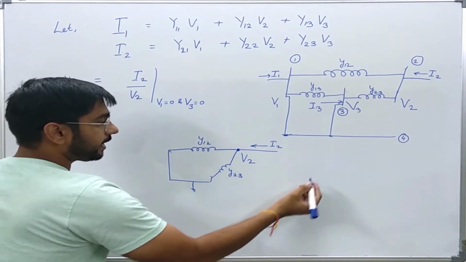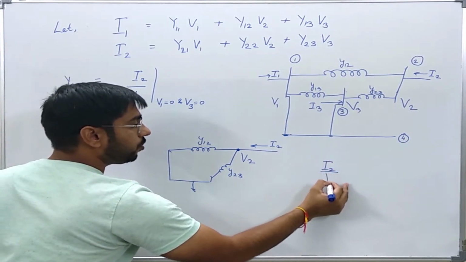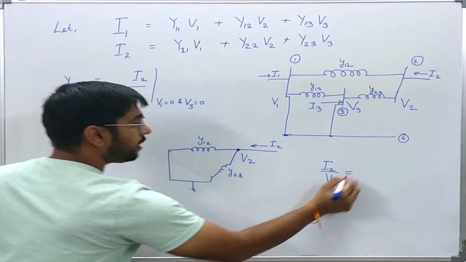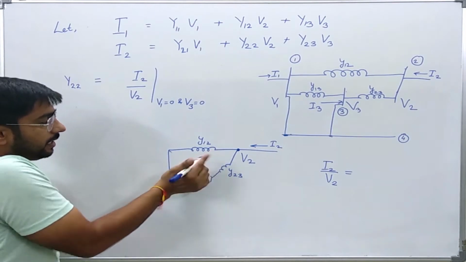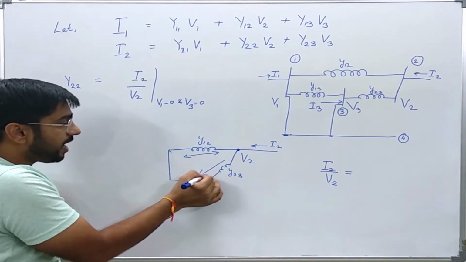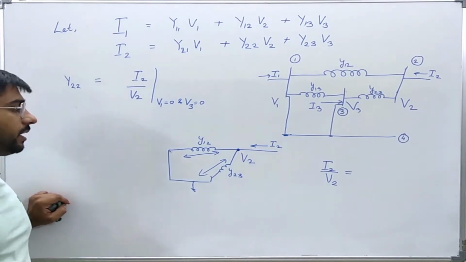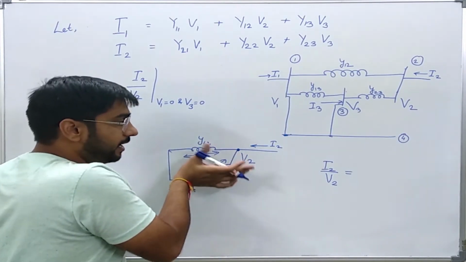Now I can clearly see that I2 over V2 is nothing but the parallel equivalent of these two elements, Y12 and Y23. Now these are admittances. Admittances add in parallel.